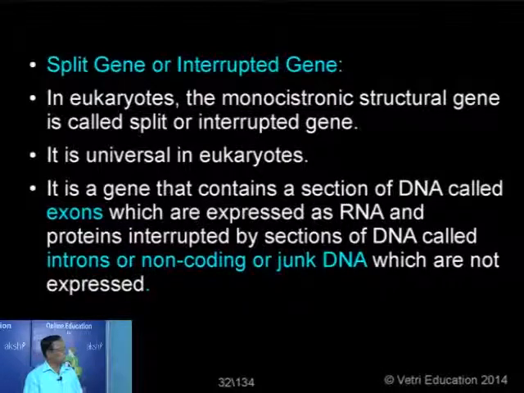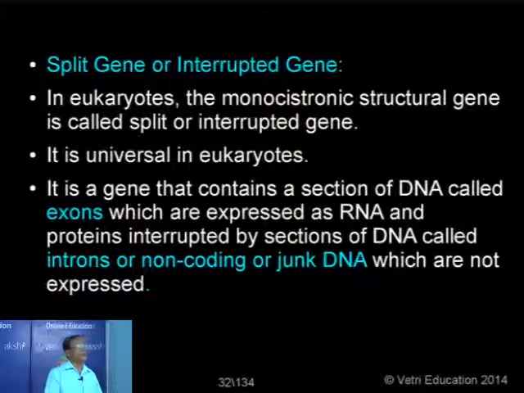Now, I already mentioned this concept of split gene or interrupted gene. It is a very common universal feature, particularly in the case of eukaryotes. We have split genes, but not in the case of prokaryotic bacteria, where such an arrangement is absent. So in the case of eukaryotes, we have the monocistronic structural gene.